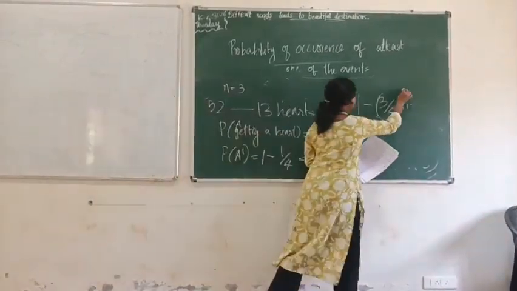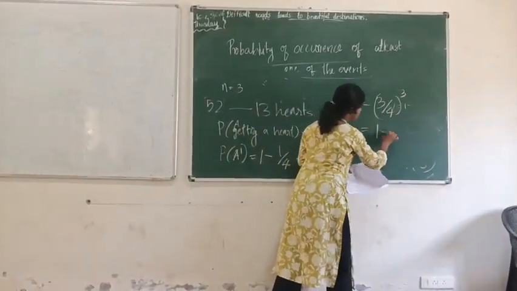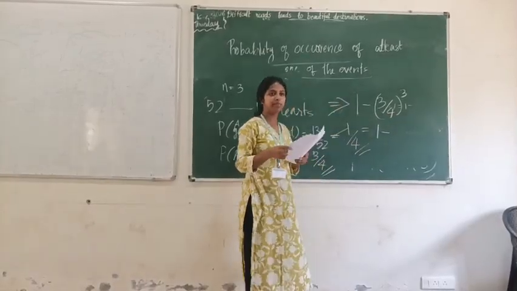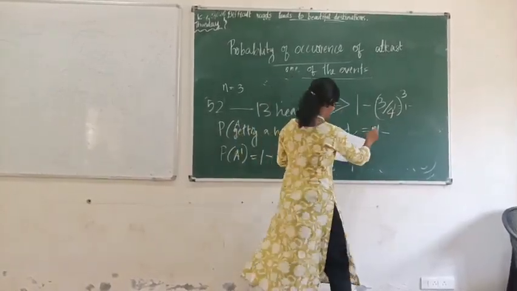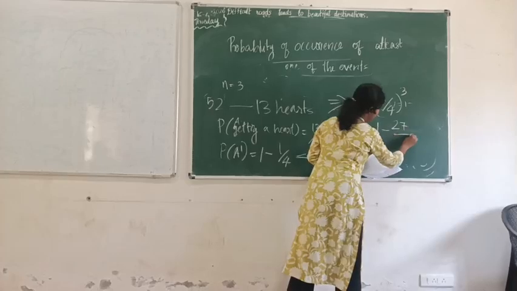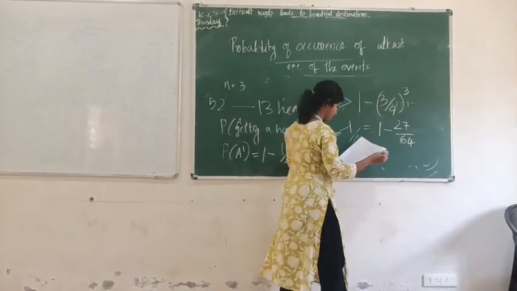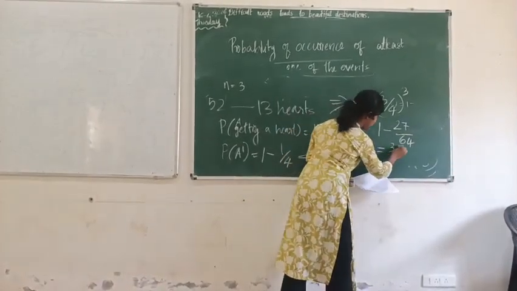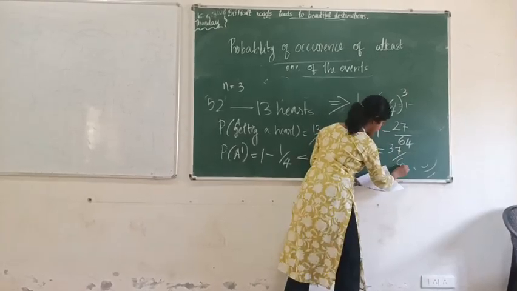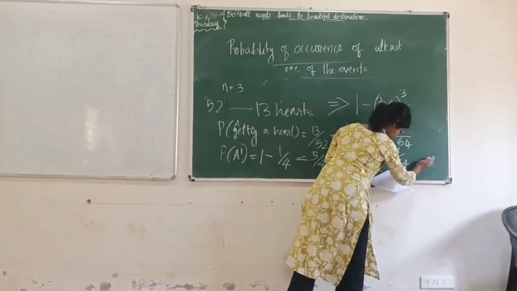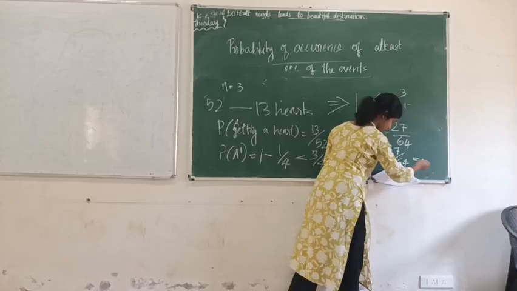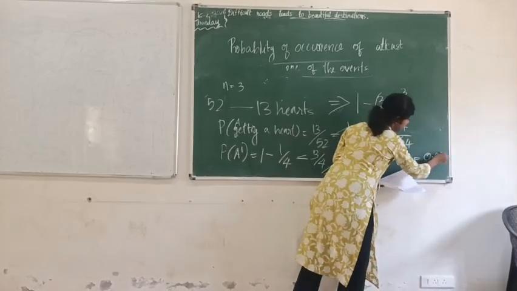So raised to 3, which is equal to 1 minus 27 by 64, which is equal to 37 by 64, approximately 0.5.